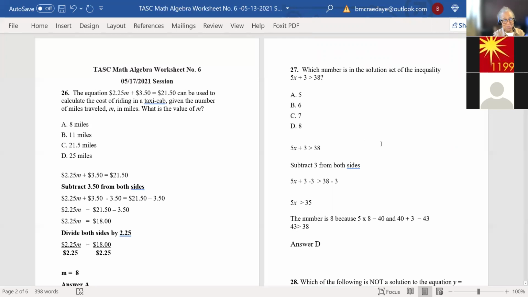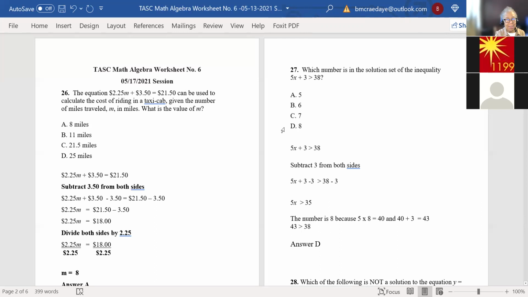So equal. 8 times 5 is 40 plus 3 is 43. If you put the 8 in there, 8 times 5 is 40. Add the 3, you get 43, and 43 is indeed greater than 38.